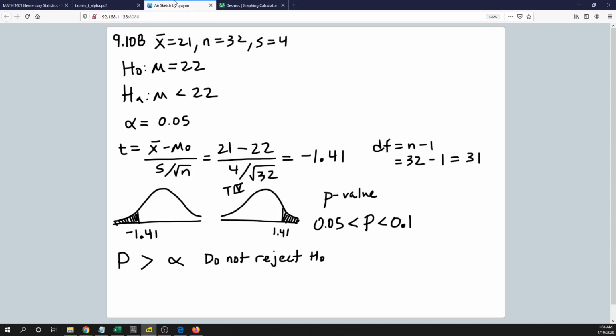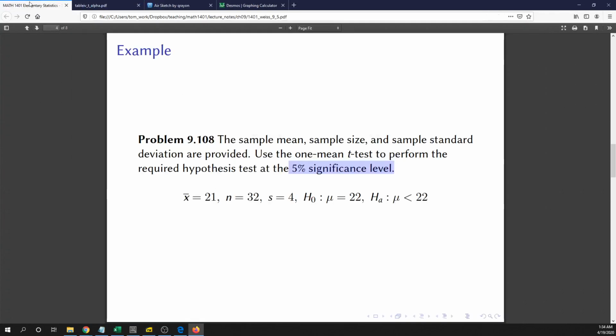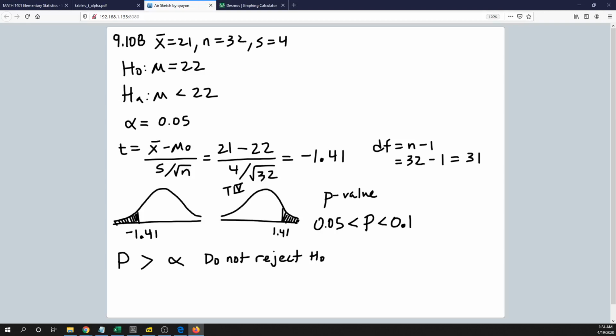And let's see, what else did they want? All right, so they want the conclusion. Our last step is to interpret the results.